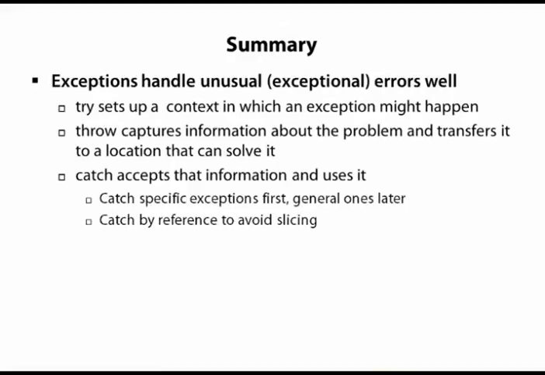So if you want to catch the derived or more specific ones first, make sure their catch blocks are before and finish up with the more general catch block that catches, let's say, exception. And remember to catch by reference so you don't get object slicing and you don't lose the type, which in the case of the exceptions in the standard library is really the only information that you have, so it would really be a shame to waste it.